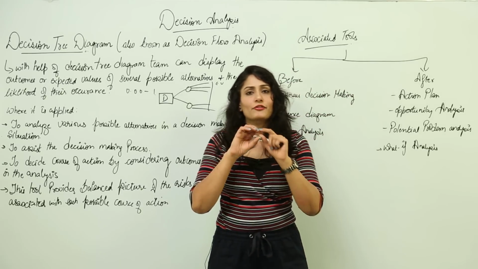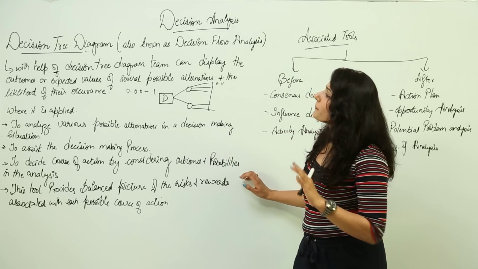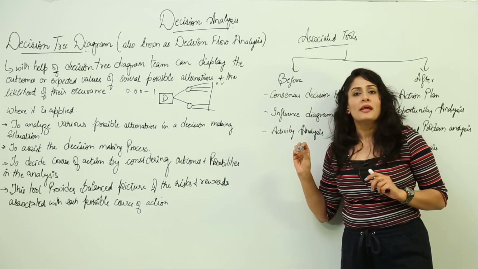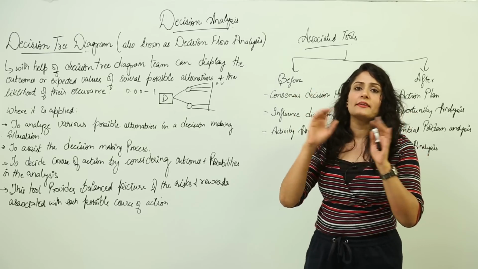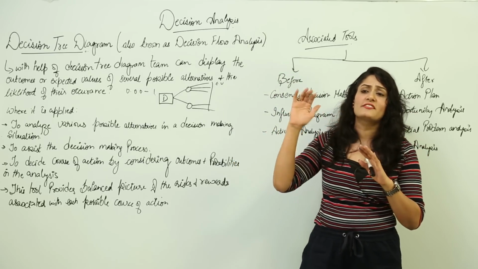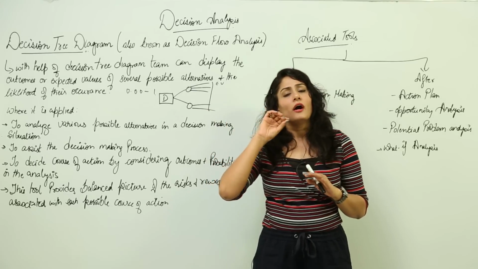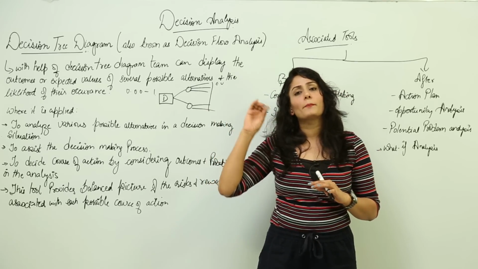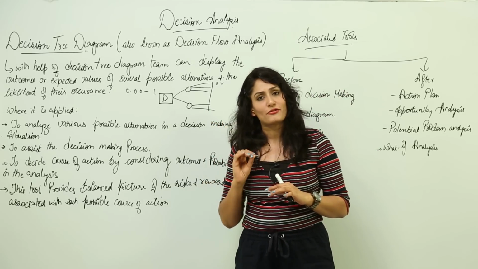So basically, if I have to sum it up in one line, decision tree diagram is a way to represent the complete decision making process so that the team can see and rationally analyze all the possible alternatives and choose the best one, right.